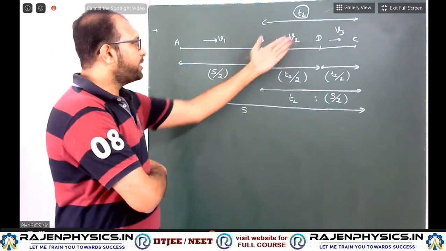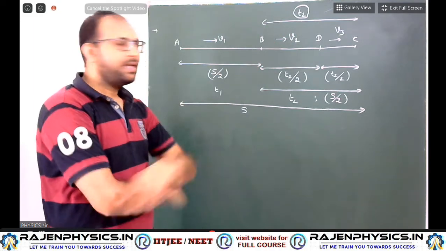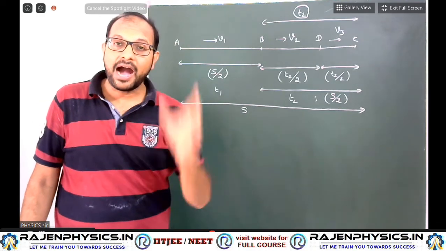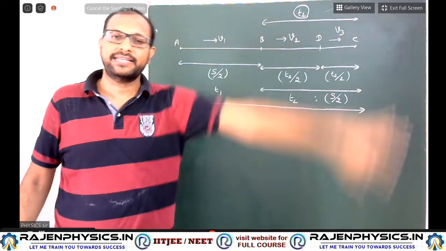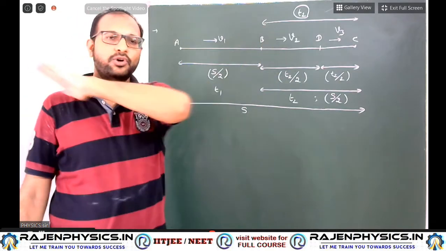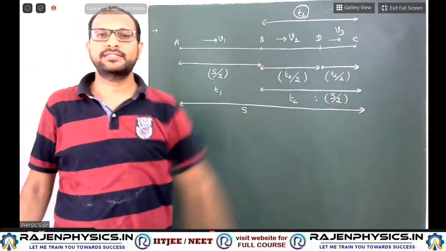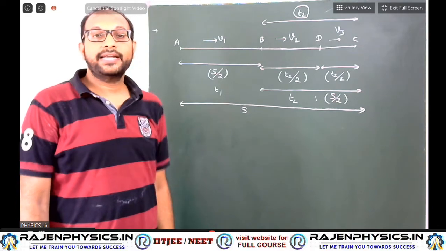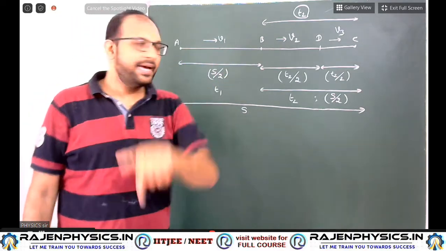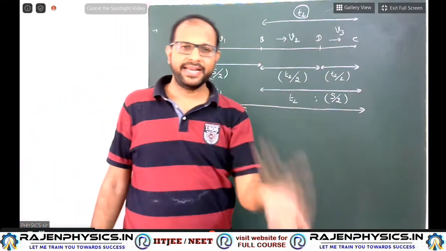So V1, V2, V3. But A to B is exactly half of the total distance. What is the total distance? A to C is the total distance. In the total distance, A to B is exactly half. The remaining B to C is the remaining half, S by 2.